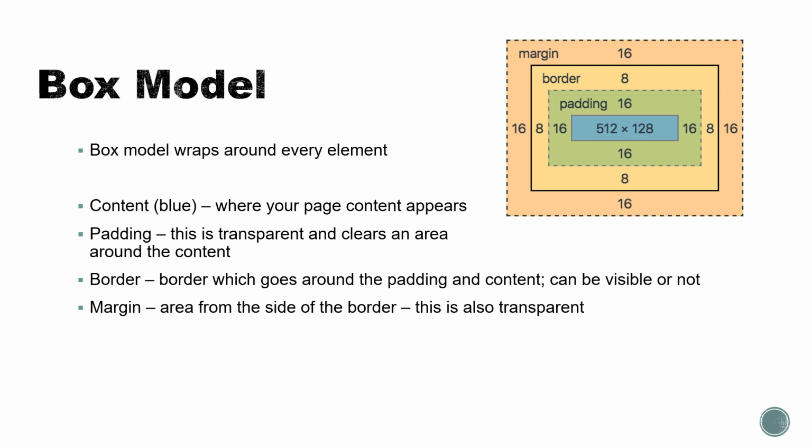You've got the content in there, which is blue, which is the main area of the site. You've got the padding around it, so like I said, you don't want them all next to each other. It looks quite jumbled up and not very clear. Then you've got a border, should you wish, and that can be anything you want. And then finally you've got the margin.